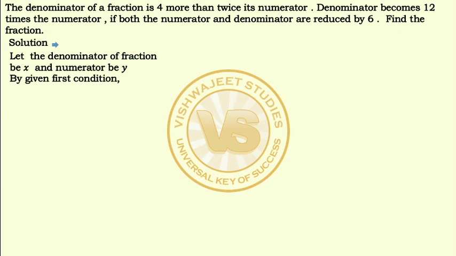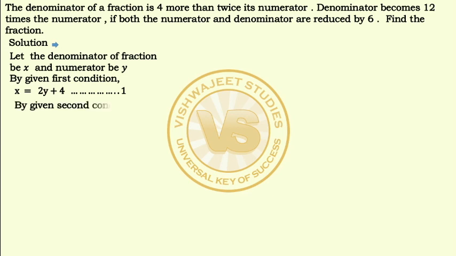By the given first condition, the first sentence shows the first condition. The denominator of the fraction, which is x, 'is' gives the equal to sign. 4 more means plus. Twice the numerator: our numerator is y, twice means 2y. So we get the equation x = 2y + 4, which is our first equation.